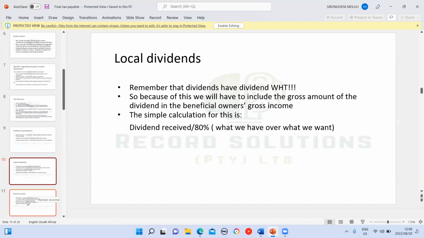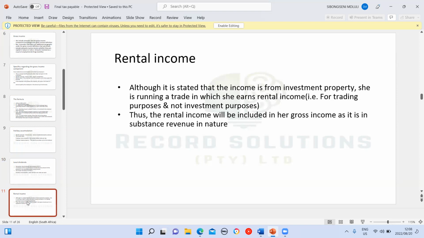So let's head to rental income. They can try to be tricky with rental income, but in terms of income from sources other than employment, you must be sure of the wording in the scenario. They can use words such as investment property, and you might assume that the property is for investment purposes and hence capital in nature, but you'll be wrong, because you have not looked at the substance of that investment property.